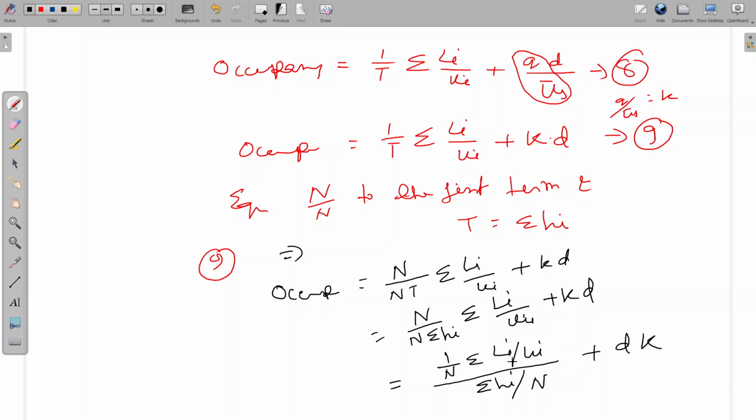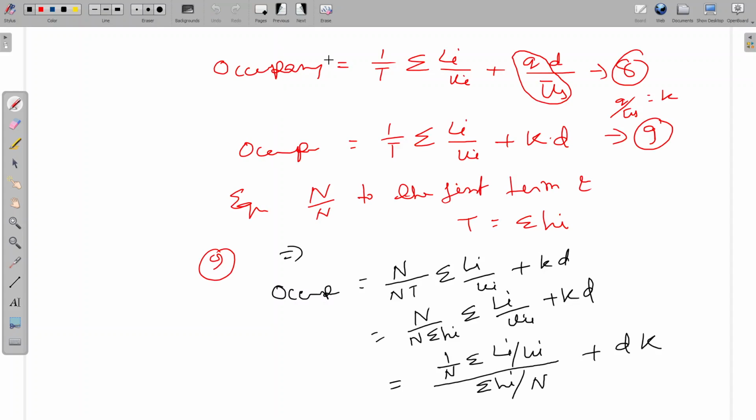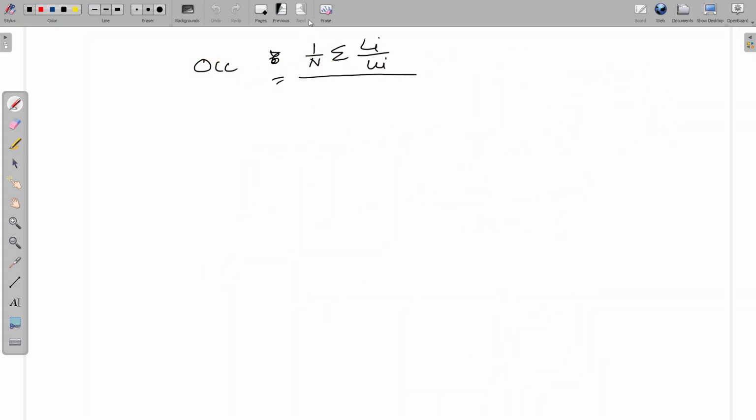Okay. Now what will you get? From here what can we write? This will give me that occupancy is equal to 1 upon n summation of Li by Ui. Now you see on the denominator what was written: summation of Hi by n. Total time divided by number of vehicles will give you average time headway.